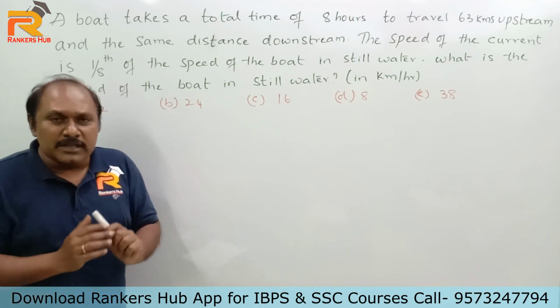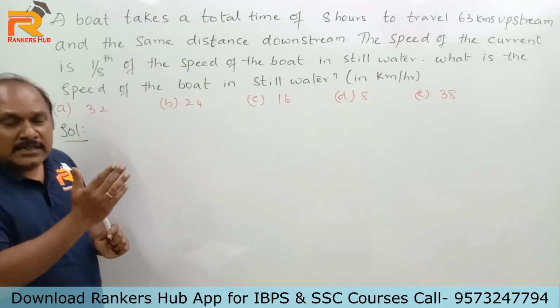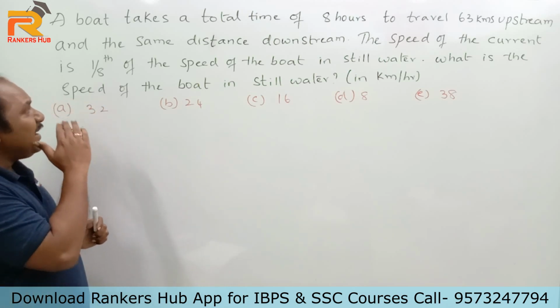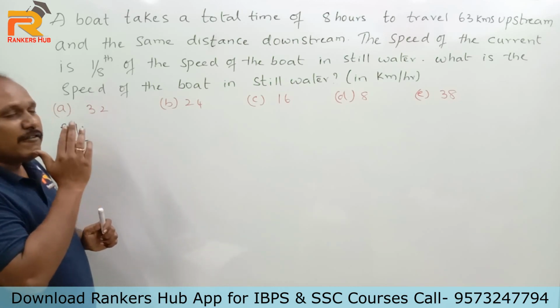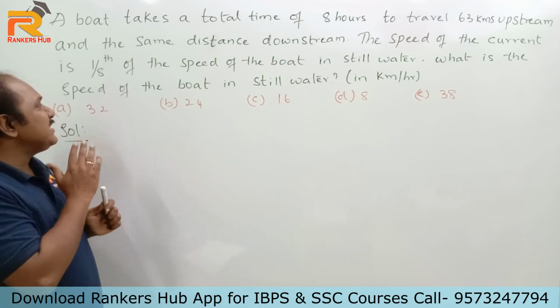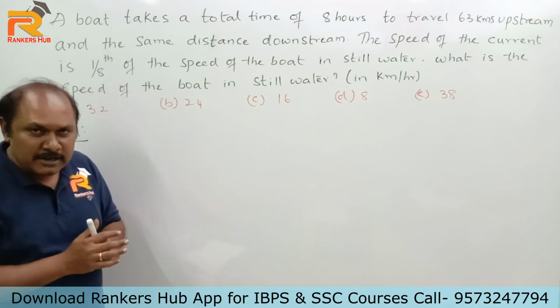Now let us look into the third question. A boat takes a total time of 8 hours to travel 63 kilometers upstream and the same distance downstream. The speed of the current is 1/8 of the speed of the boat in still water. What is the speed of the boat in still water in kilometers per hour?